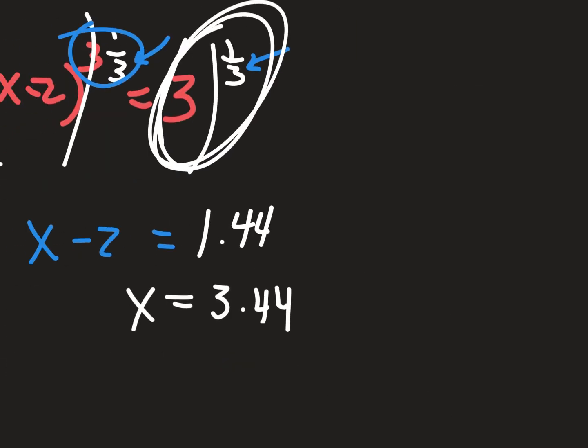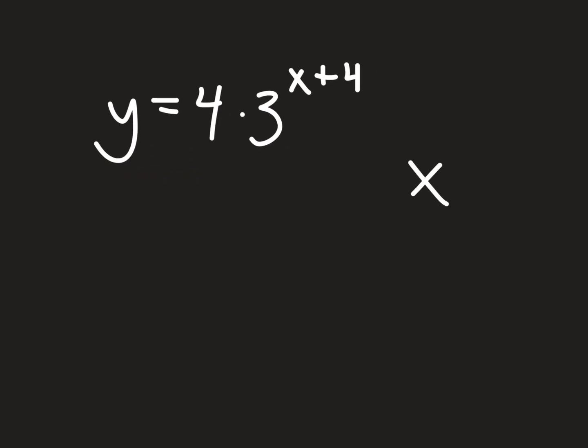Okay, so next up, let's see if you remember how to graph these. y equals 4 times 3 to the x plus 4. Let's put an xy chart here. All I need is 3 points and the asymptote. Again, instead of memorizing 3 points and then making all the transformations, I would just pick any point.